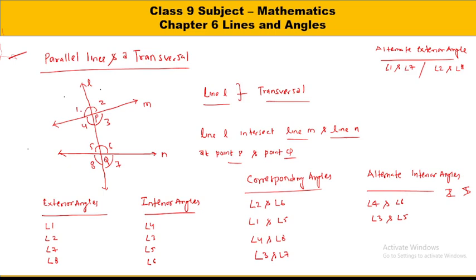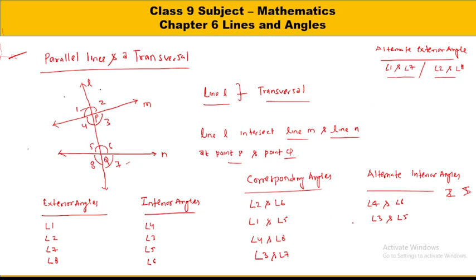Angle 1 you can see here and angle 7 here. So it should be in the exterior part, and alternate means in the formation of Z. We need to compare and we can find that these are all the pair of alternate exterior angles.